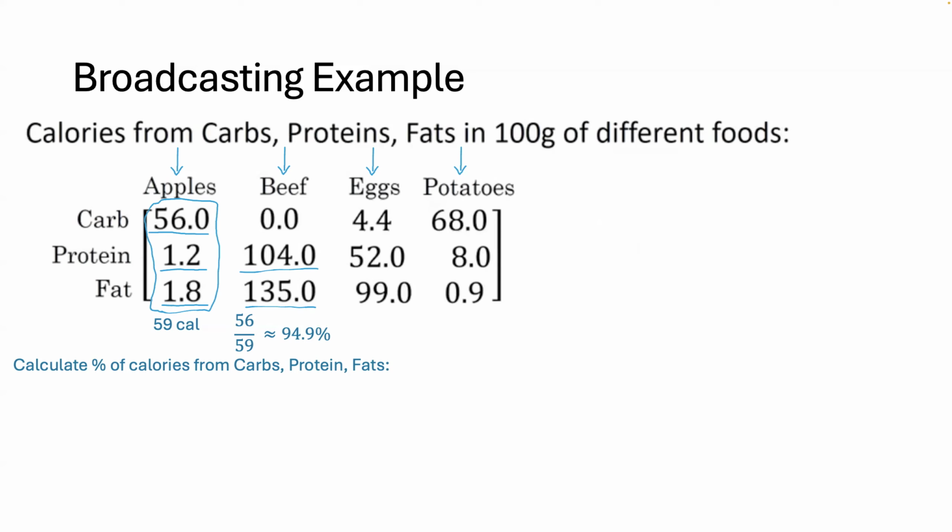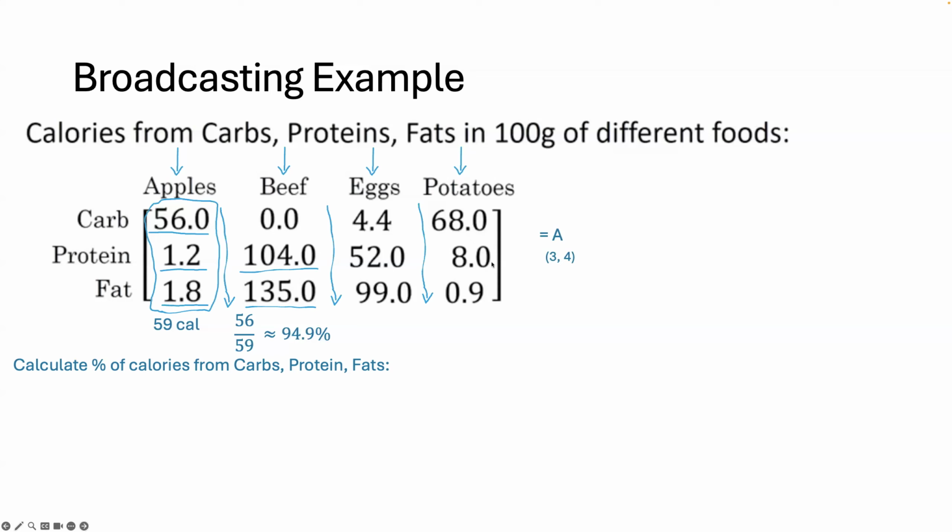What I'm going to show you is how you can define a matrix A, which is going to be a 3 by 4 matrix. As we can see here, you have three rows, which are the carbs, protein, and fat, and the four columns are the four types of food: apples, beef, and so on. Then with one line of Python code, we are going to sum down the columns to get the calories for each food, and then we can get the percentage out of these numbers.